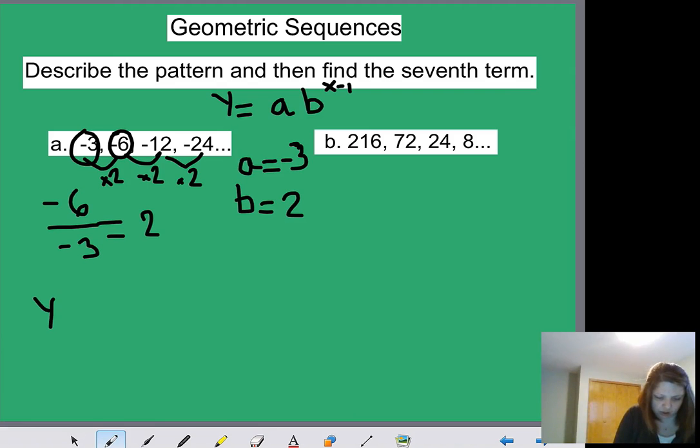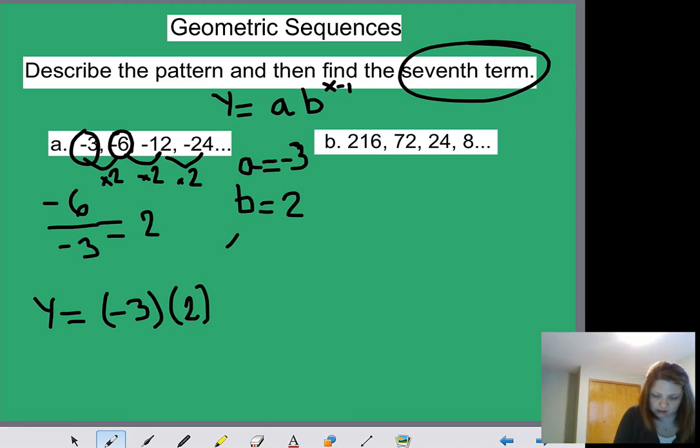Then we can just go ahead and substitute. So y is equal to -3 times 2 to the power of the seventh term, so x will be 7 minus 1, which is 6, 2 to the 6th power. And that will be a great example when you have to calculate the exponent first.